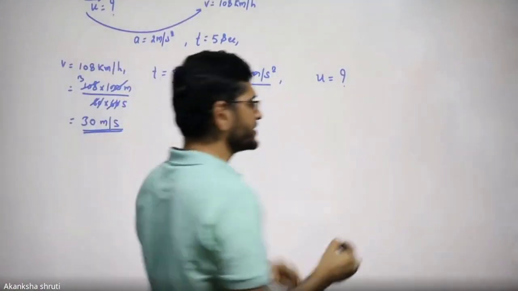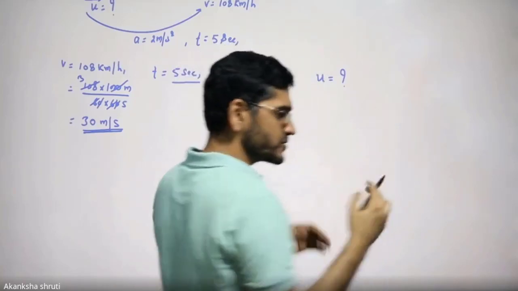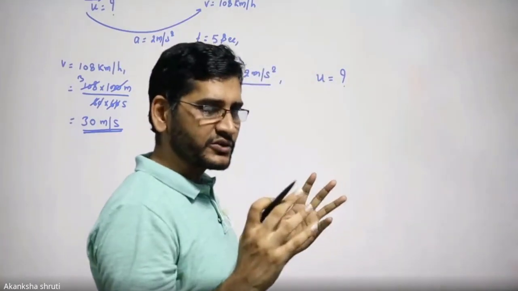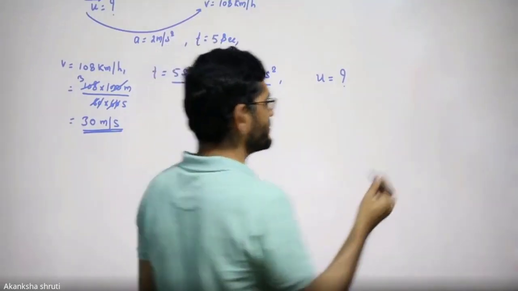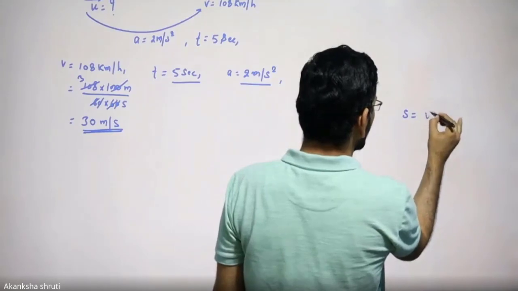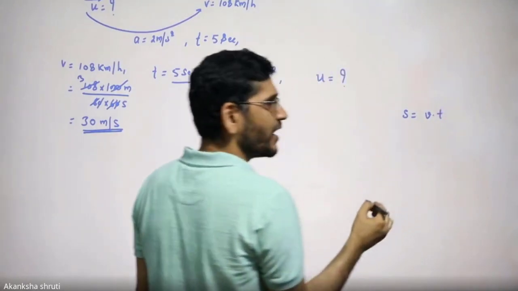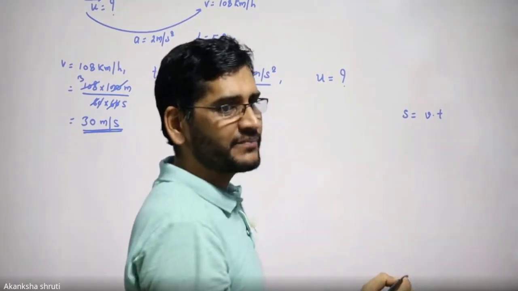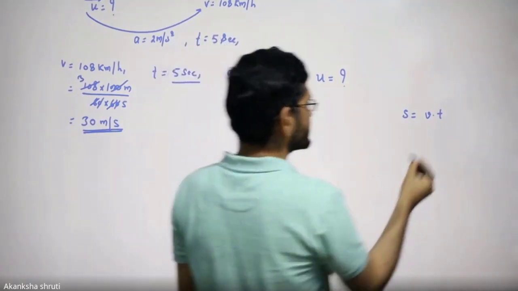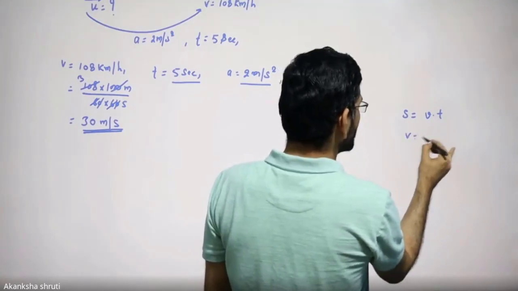What are the kinematic equations or formulas we have just learned? Think of all the possible formulas. Distance is equal to speed into time; this we learned at the very basic level. Or speed is distance by time, or velocity is equal to displacement by time. Then the other one is v is equal to u plus at.